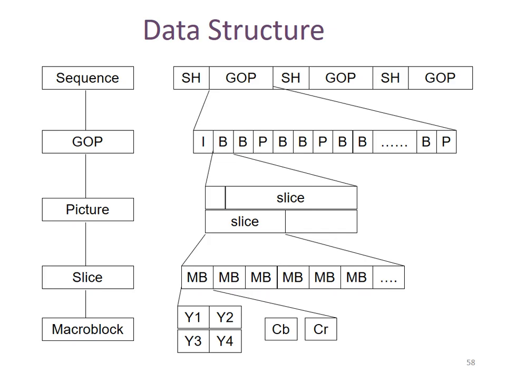So you can see we need more layers between the sequence and the unit YCbCr. Next we will see more details about these structures. Because video compression is very complicated, we can apply the concept of compression to each layer of this data structure.